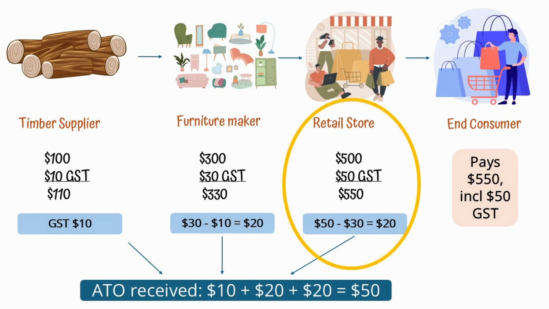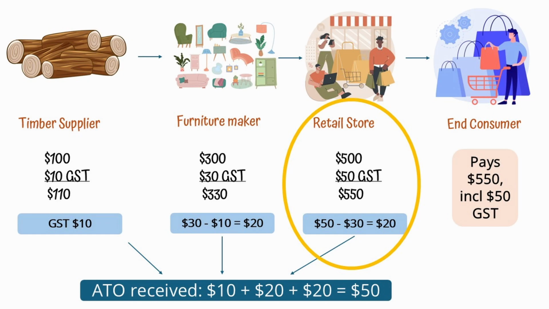Now, the retail store purchased the furniture from the furniture maker to sell it in its store. The purchase price is $330 with $30 of GST, and it sells the furniture for $550 to the end consumer, including $50 GST.